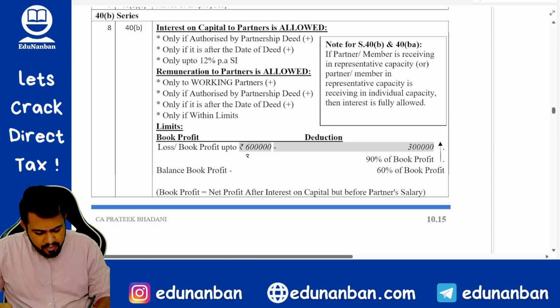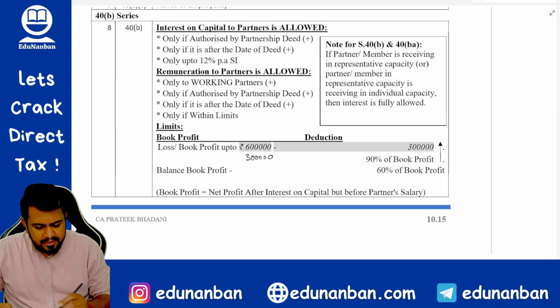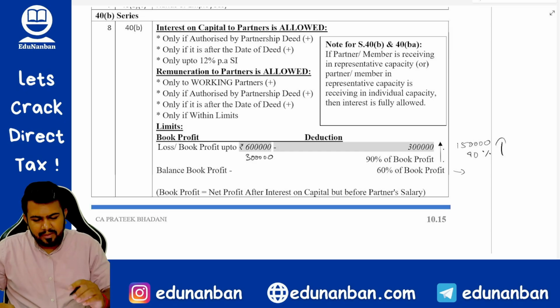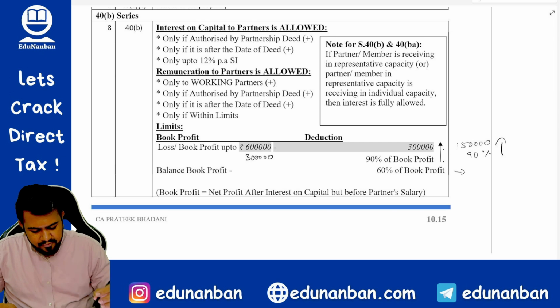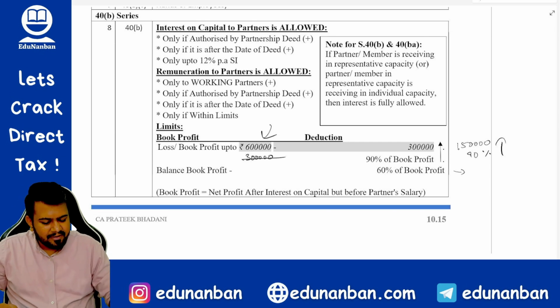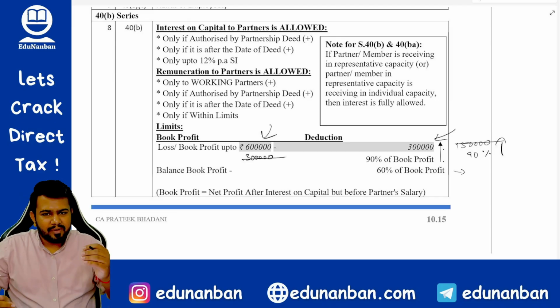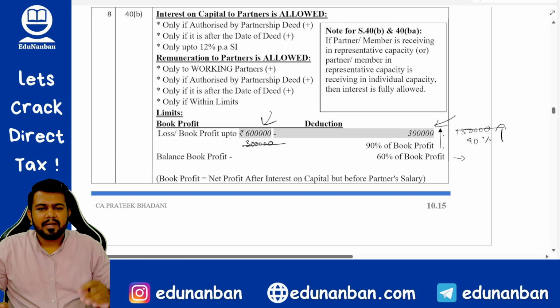If the book profit was up to 3 lakhs, the maximum amount of salary allowed would be 1,50,000 or 90% of book profit, whichever is higher, and on the balance book profit, 60% will be allowed. But now the limit has doubled. Instead of 3 lakhs, now it has become 6 lakhs, and instead of 1,50,000, now it has become 3 lakhs. So now when you calculate, you should calculate using the new limits.